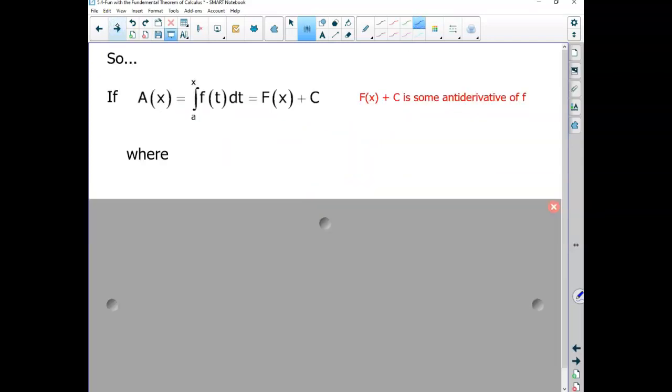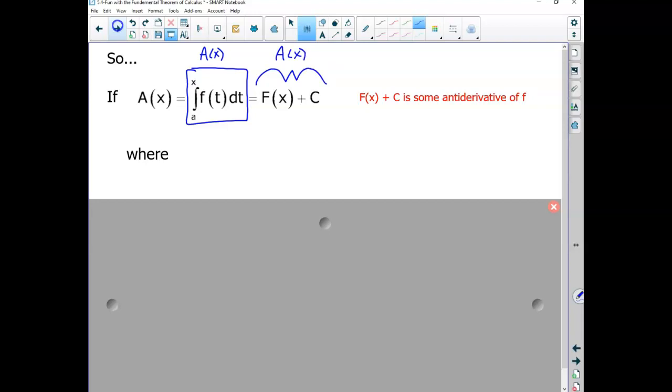If A of x equals the integral from a to x of f of t dt, all I'm doing is renaming, because this is what we found yesterday, and we called it A of x. Now I'm renaming my A of x with a big F of x plus c.